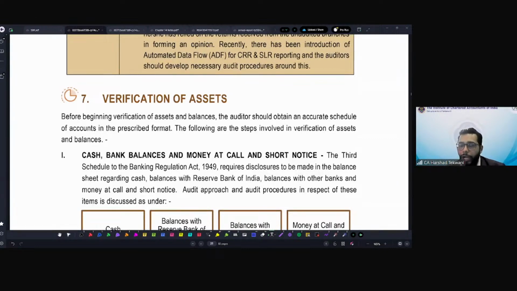So accordingly, the calculation and this particular direction that I'm talking about has some specific inclusions and exclusions with respect to the calculation of SLR. You need to follow that. So again, based on the entity that you are auditing, you need to understand the calculation requirements for them, and accordingly whether they have calculated or not.